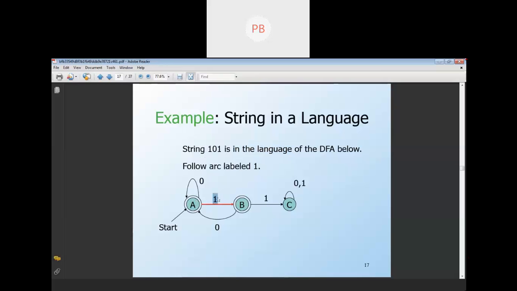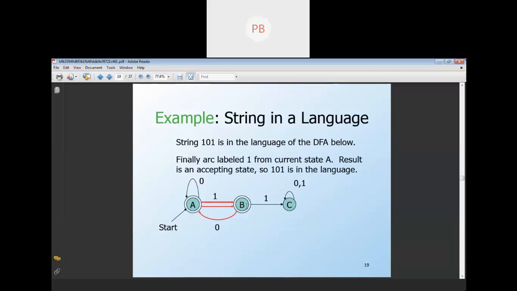From A to B, we use the input symbol 1. We reach B. Then the next input symbol 0: from B, we reach A, and again with 1, from A we reach B. For 101, finally at the last 1 from the current state, the result is in an accepting state.